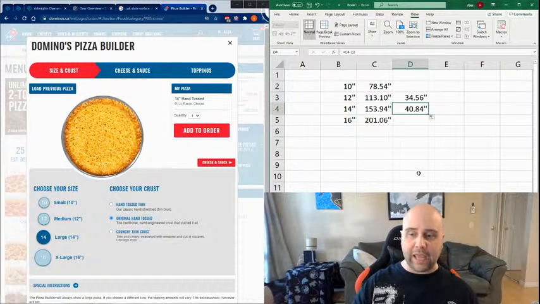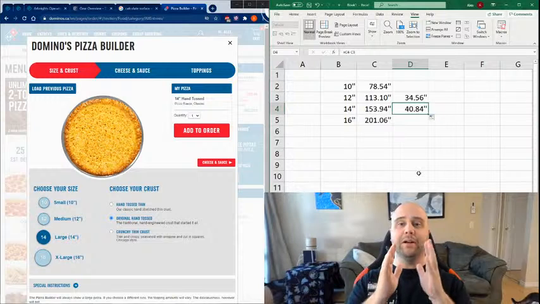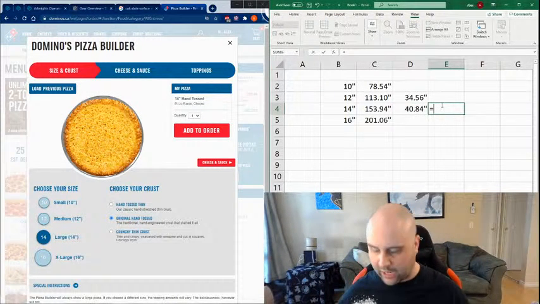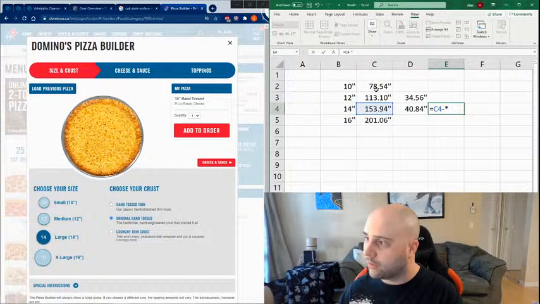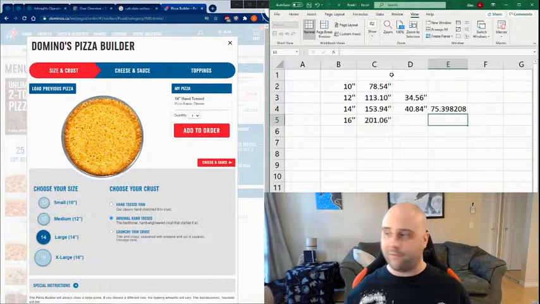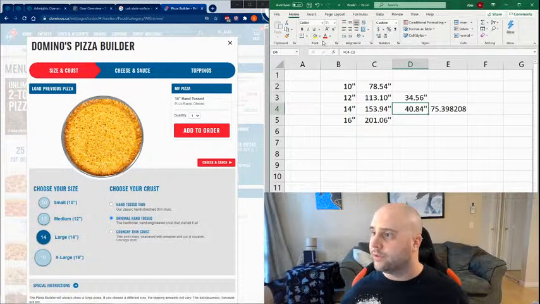We don't gain 34 more inches again. We gain 40 inches, or a total gain of 75 inches. Use our format painter here to make it all pretty.